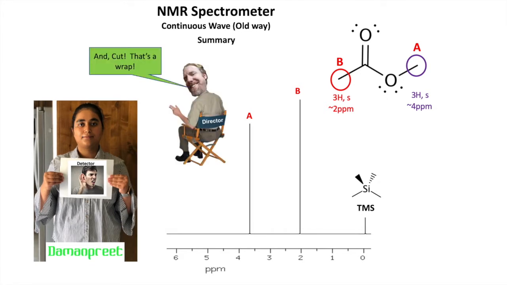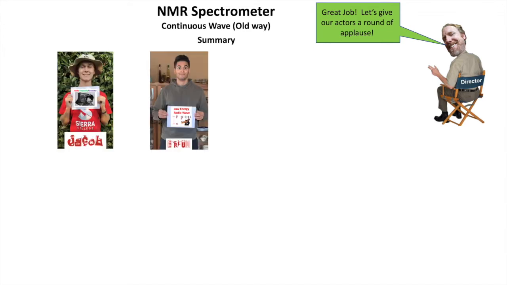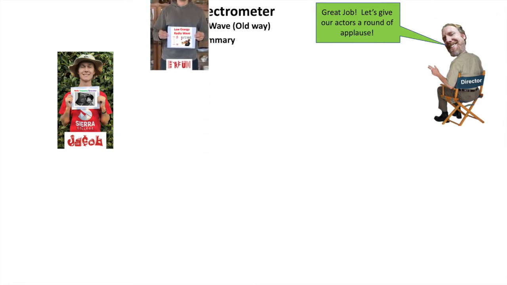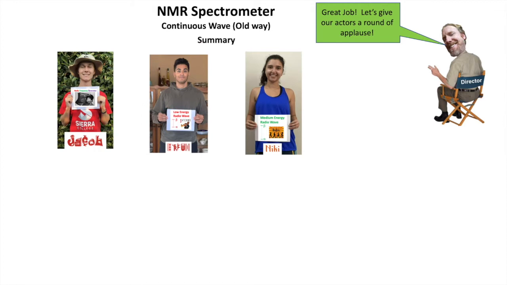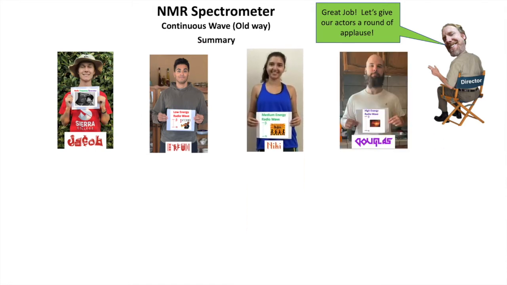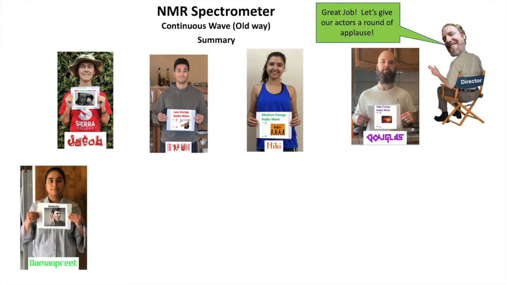And cut. That's a wrap. Great job. Let's give our actors a round of applause. And Jacob, I think to Irfan, myself, what a wonderful world. Nikki, the medium wavelength, medium frequency, and Douglas, the high energy, high frequency radio wave.